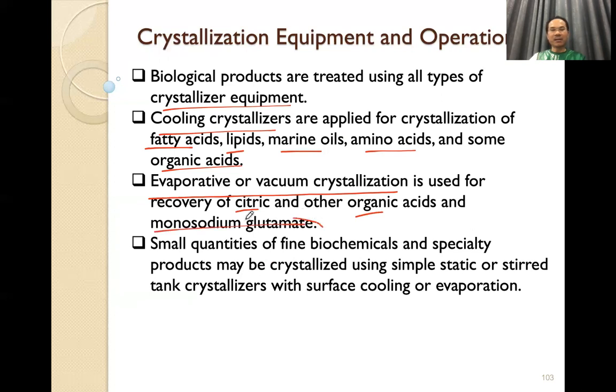This is another type of glutamic acid, that's an amino acid also. And for a small quantity of fine biochemical or specialty product, you may crystallize using a static or stirred tank crystallizer with surface cooling or evaporative. You can do just that.